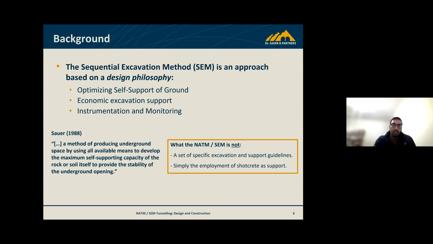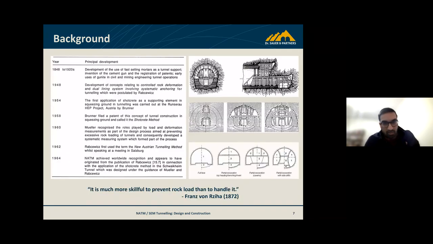I'm not going to go too heavy on the history because I'm not a massive history buff with regards to SEM. But what we can see is that shotcrete or fast setting mortars in tunnel support have been used as far back as the mid 1800s. In the mid 1960s NATM was coined, or introduced to the general tunneling environment.